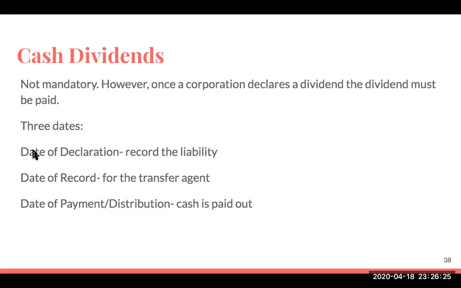The transfer agent is the agency or organization that keeps track of all the company's shareholders, so they know where all the shareholders are. The only things we're really concerned with from an accounting perspective are the date of declaration, when we record the liability for the cash dividend that we're declaring, and the date of payment or distribution, when the cash is actually paid out.